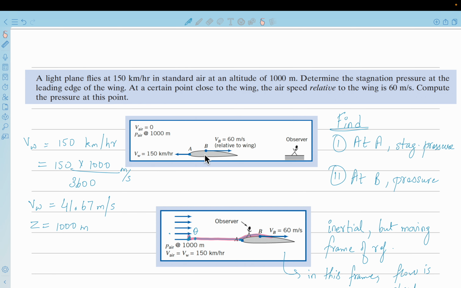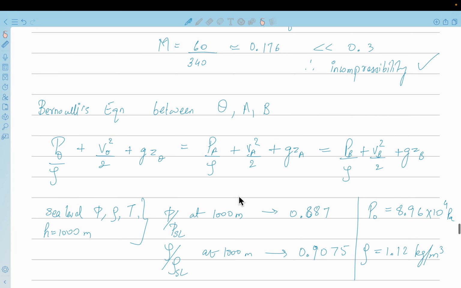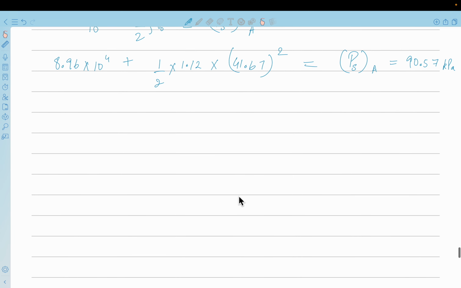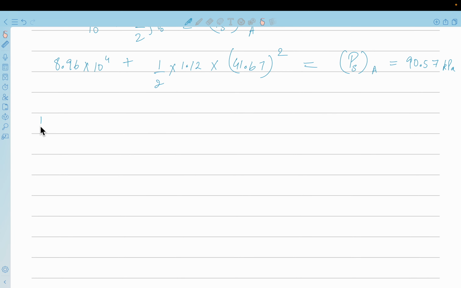Now the second thing that we had to find was the pressure at B. Okay, and we are already given the relative speed over here. So all we have to do is apply Bernoulli's between A and B. Okay, and we have PA plus half rho VA square is equal to PB plus half rho VB square.